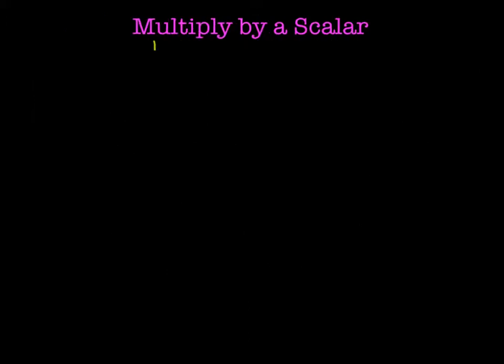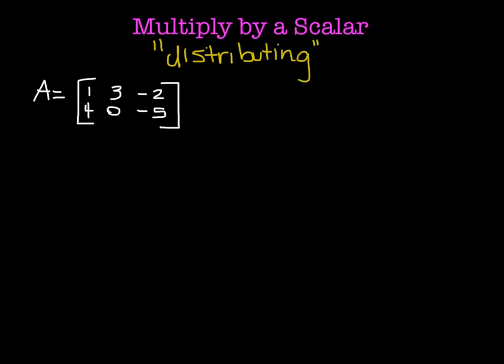Multiplying by a scalar, I just look at as distributing. So this is matrix A, and what I want to do is I want to do 2 times matrix A. And all that means is I'm going to distribute this 2 into each of these elements.